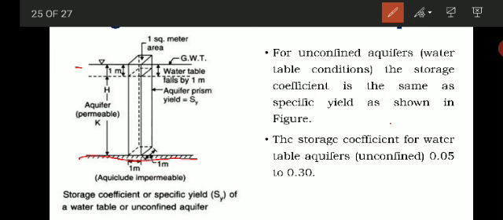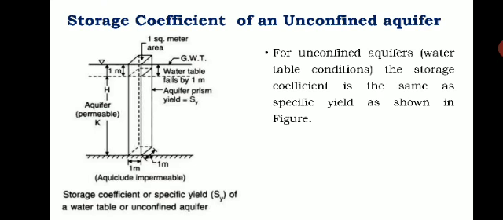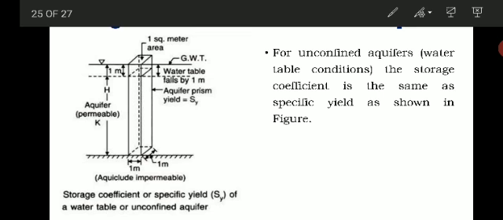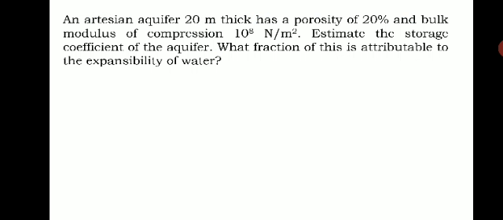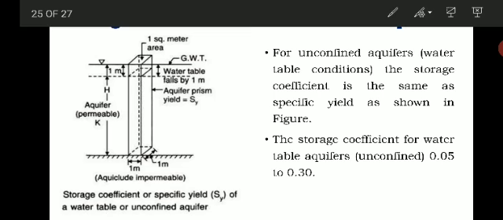If there is an impermeable layer at the top as well, sandwiching the aquifer between two impermeable layers, that becomes the confined aquifer.